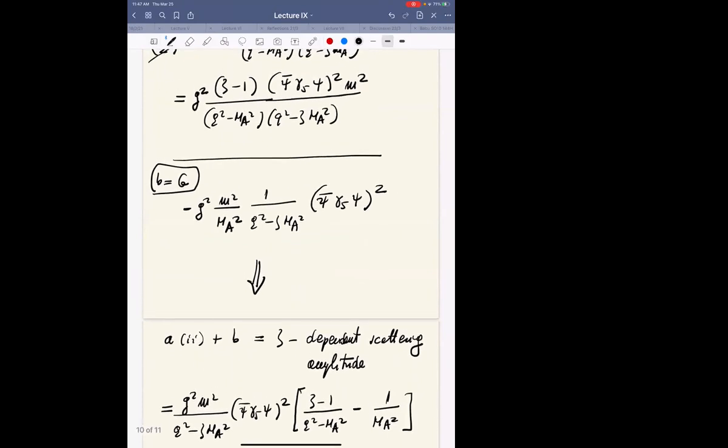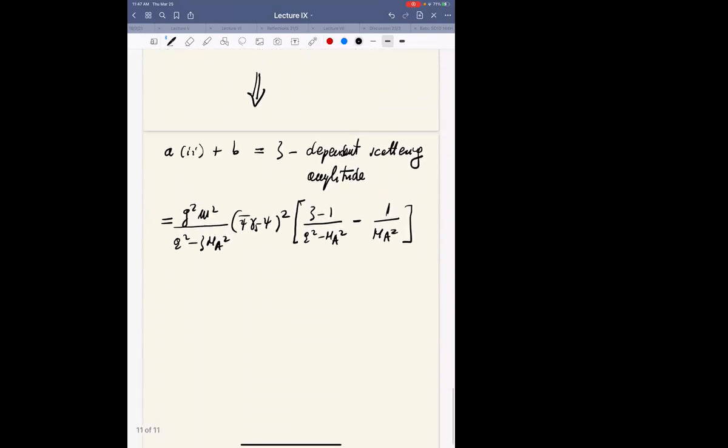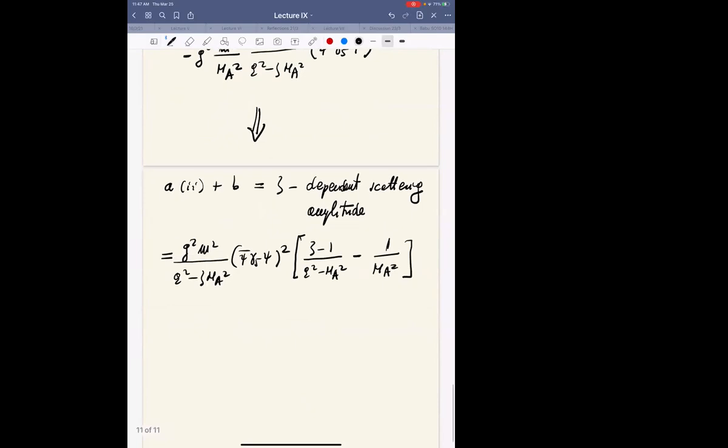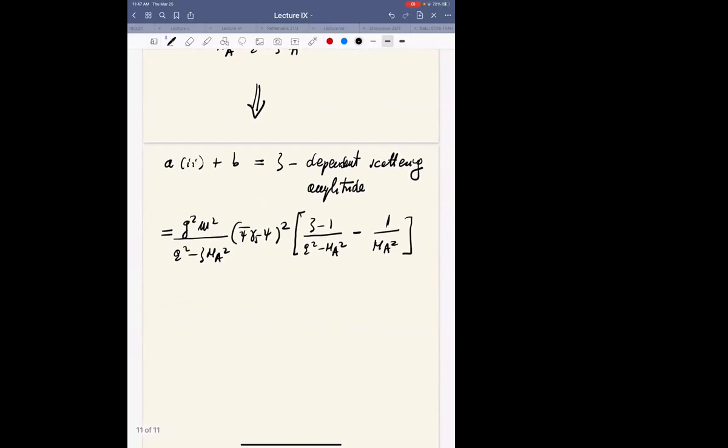Looks good, right? What do you think? Should we make bets? At this point, you know whether I'm going to make it or not. I think it looks good.